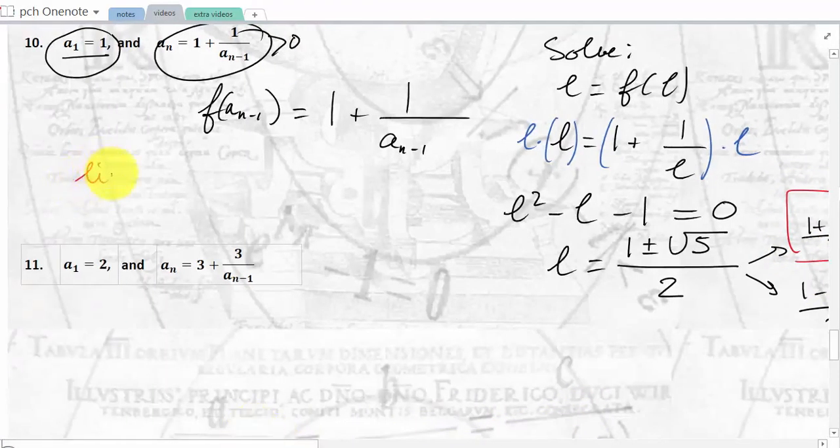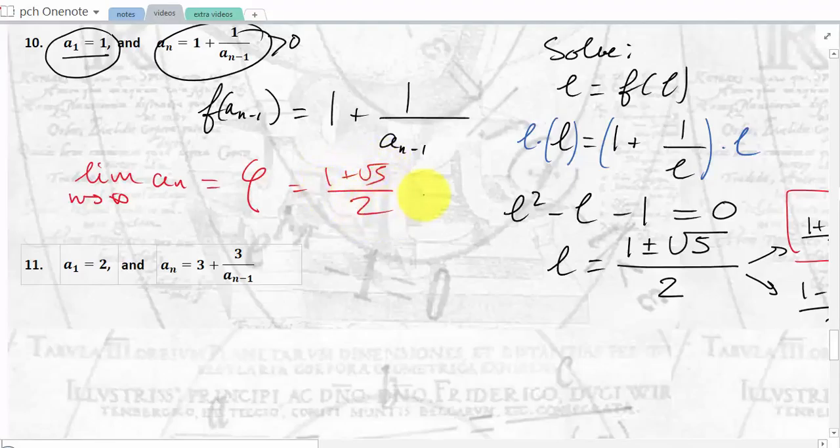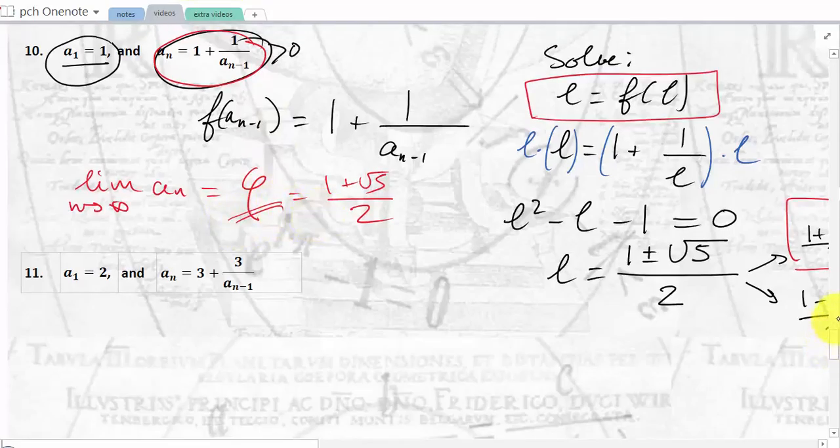So the limit of a sub n as n approaches infinity is phi, the golden ratio, 1 plus root 5 over 2. Here's a sequence whose limit is the golden ratio. Please do example 11. Let me do example 12.